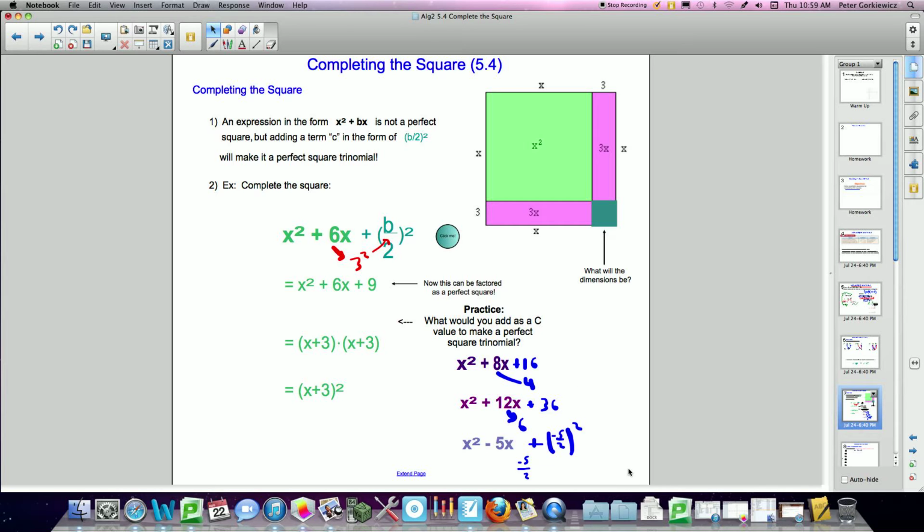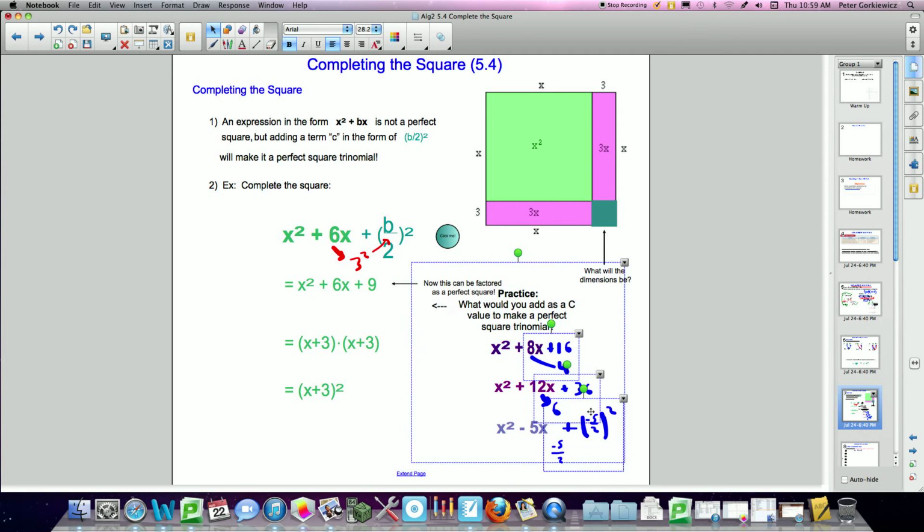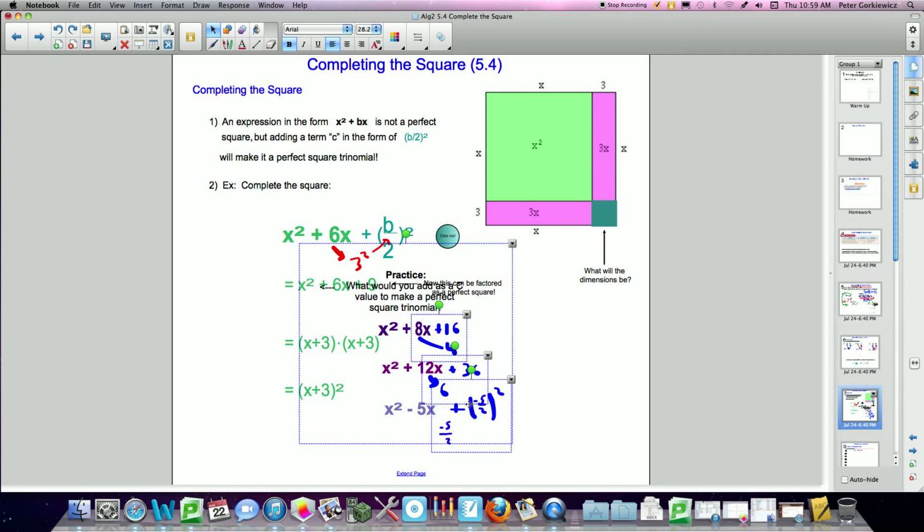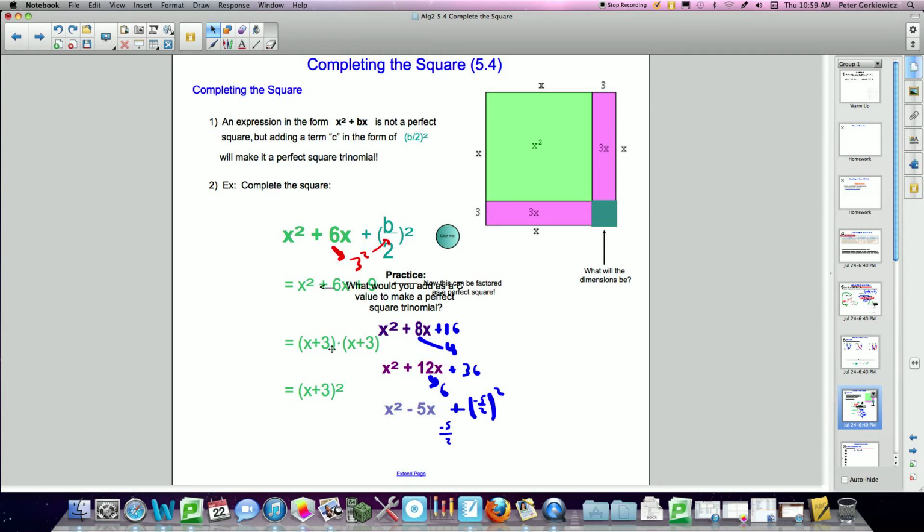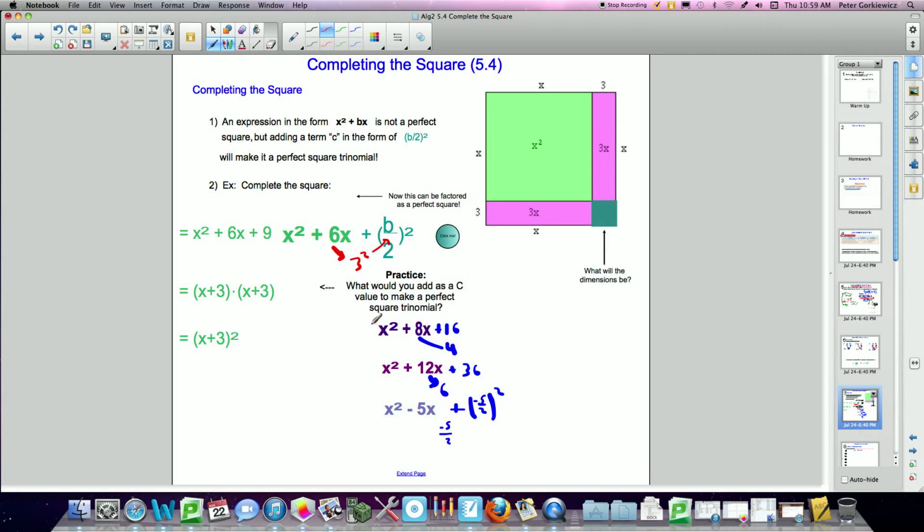So what all of that did was allow us to change these into perfect square trinomials, and I'm going to show you what that looks like. All right. So this piece, now that we have a perfect square trinomial, will change into (x + 4) squared. Right? This piece that we found, squared.